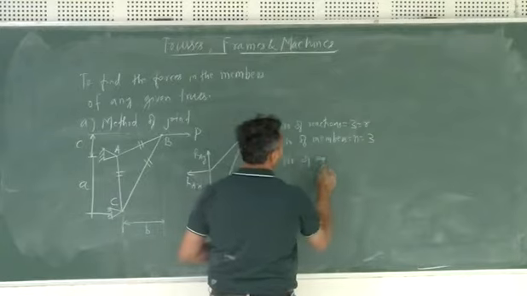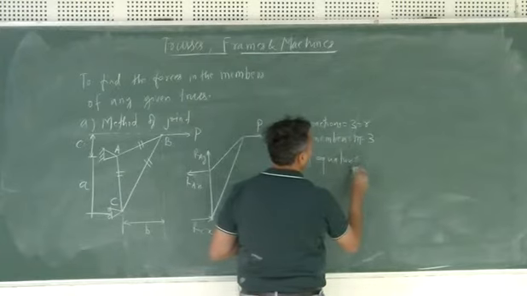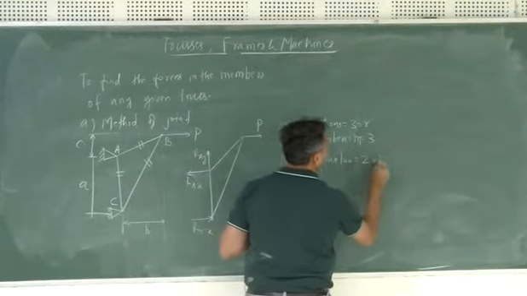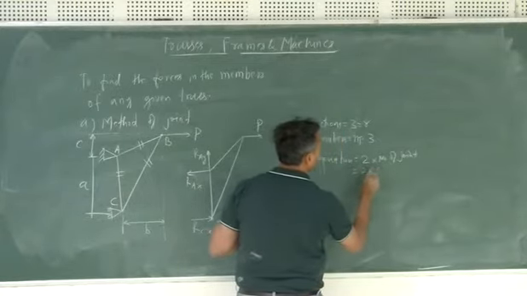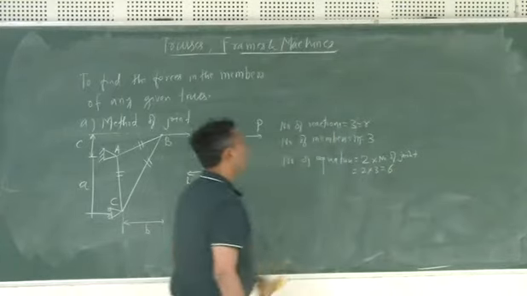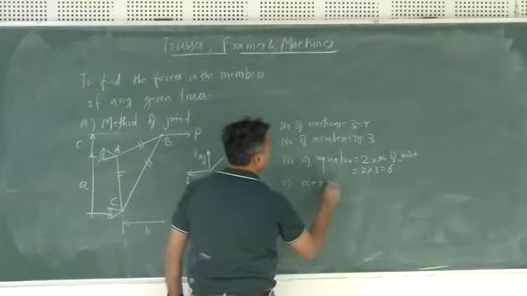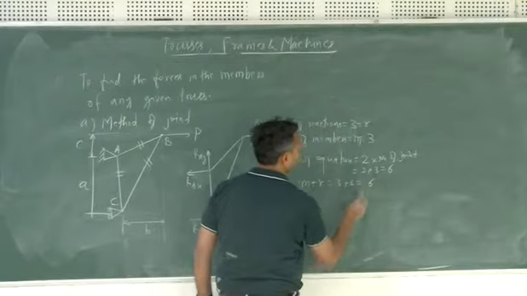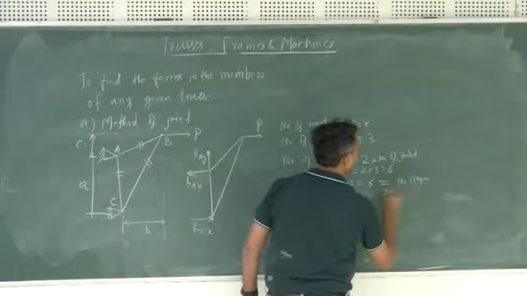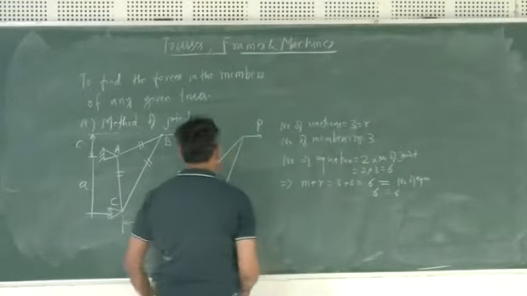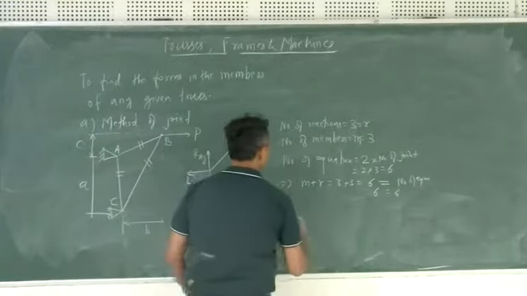The number of equations you can write is 2 times the number of joints. The number of joints is 3, so 2 into 3 is 6, right? So m plus r, which is 3 plus 3, is equal to 6. Hence it is a solvable problem, a statically determined system, and it is also a simple truss.